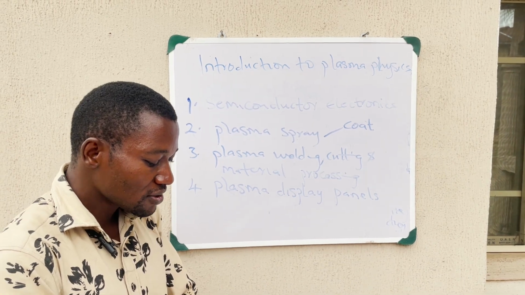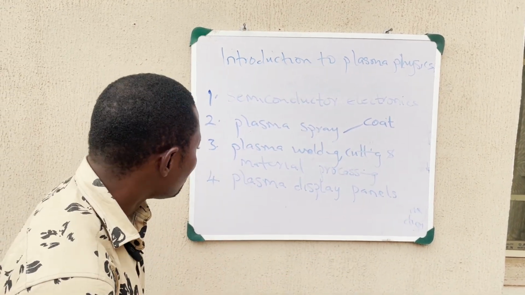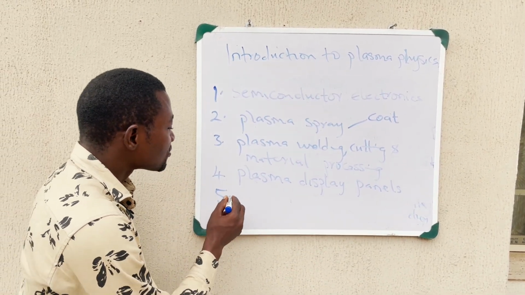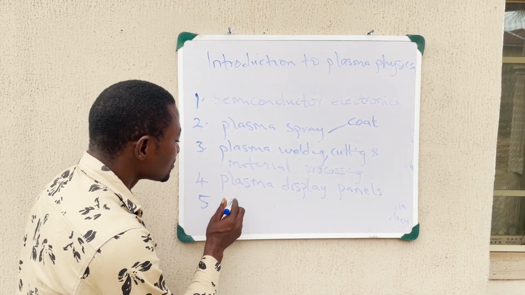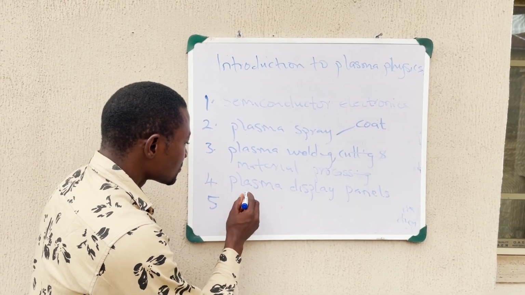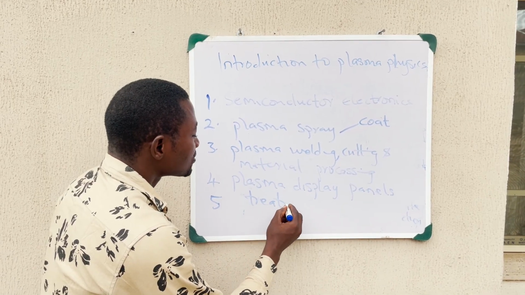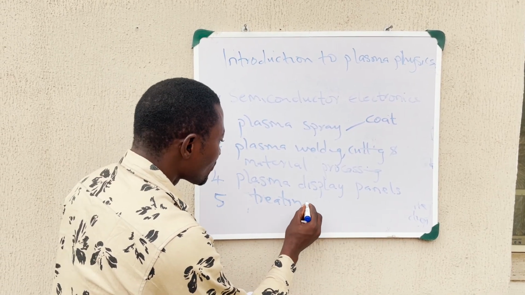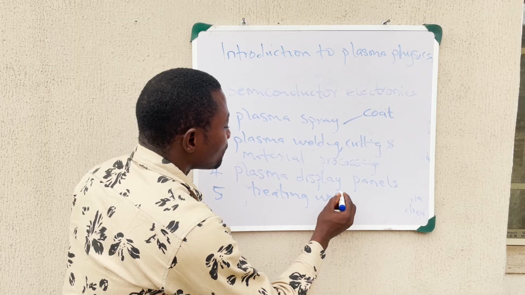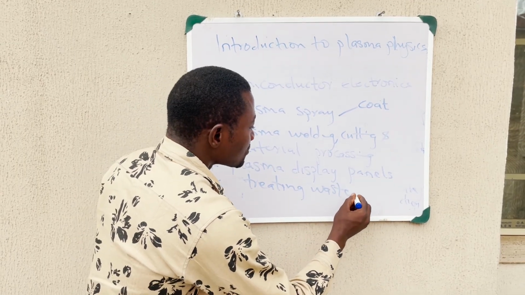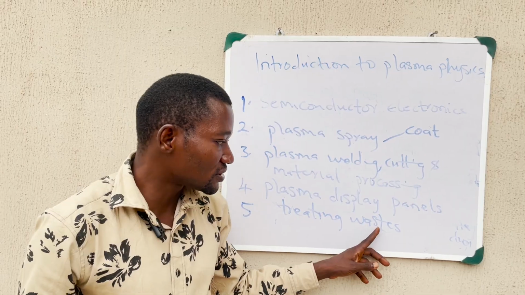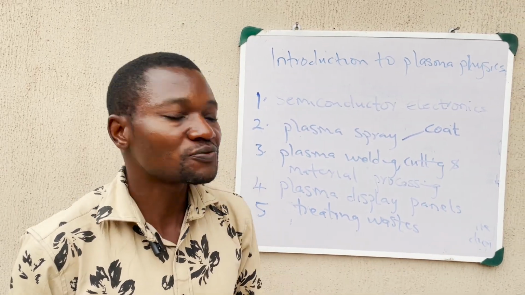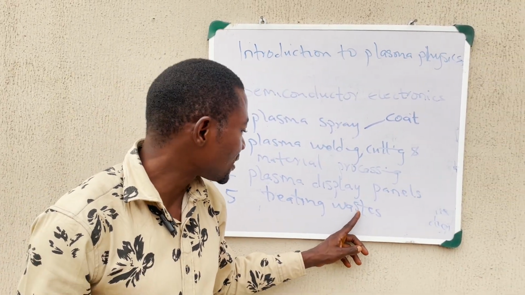We also have plasma, and the use of plasma also finds application in the treatment of waste. Before now, various methods have been used in the treatment of waste. The use of plasma has proven to be far, far better.